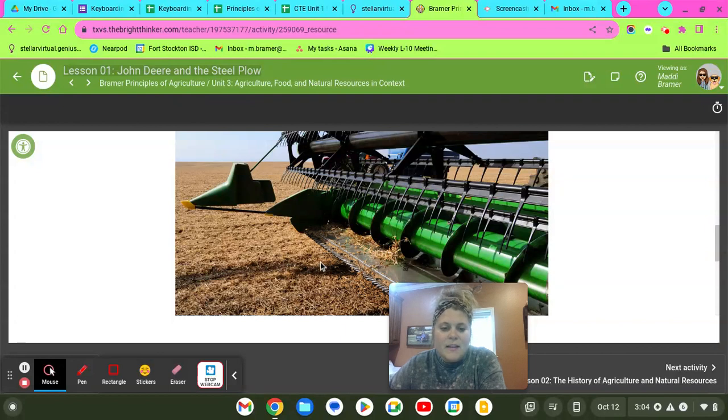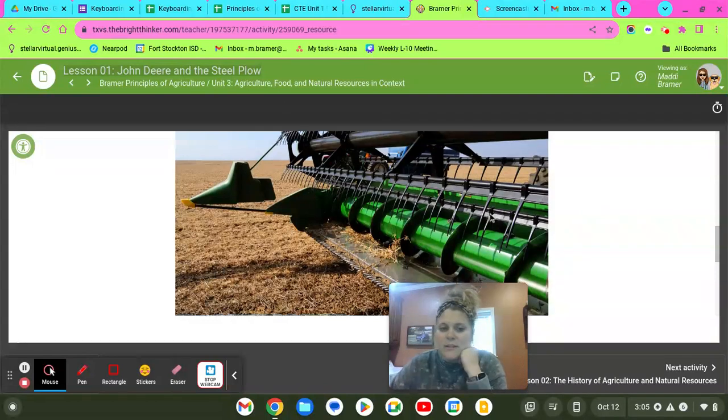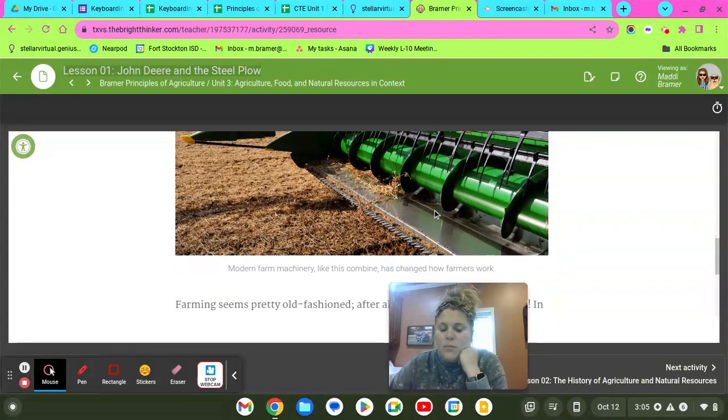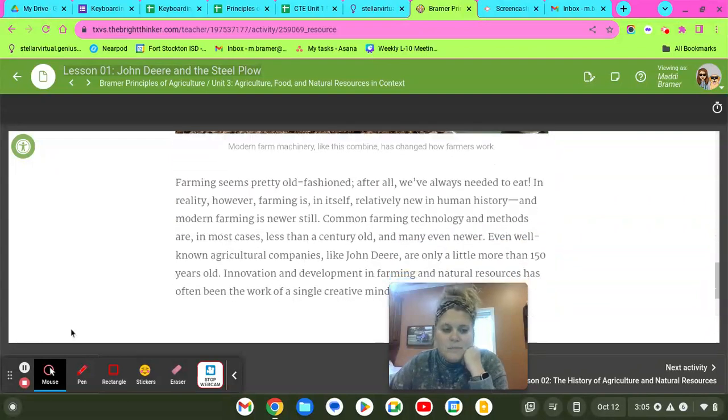Then in the combine, it processes and throws away all the bad stuff and keeps all the good seed, like in wheat. Back in the day, and still with a lot of fruits and vegetables, we had to pick everything by hand. So we've really come a long way, and this allows us to produce that much faster.